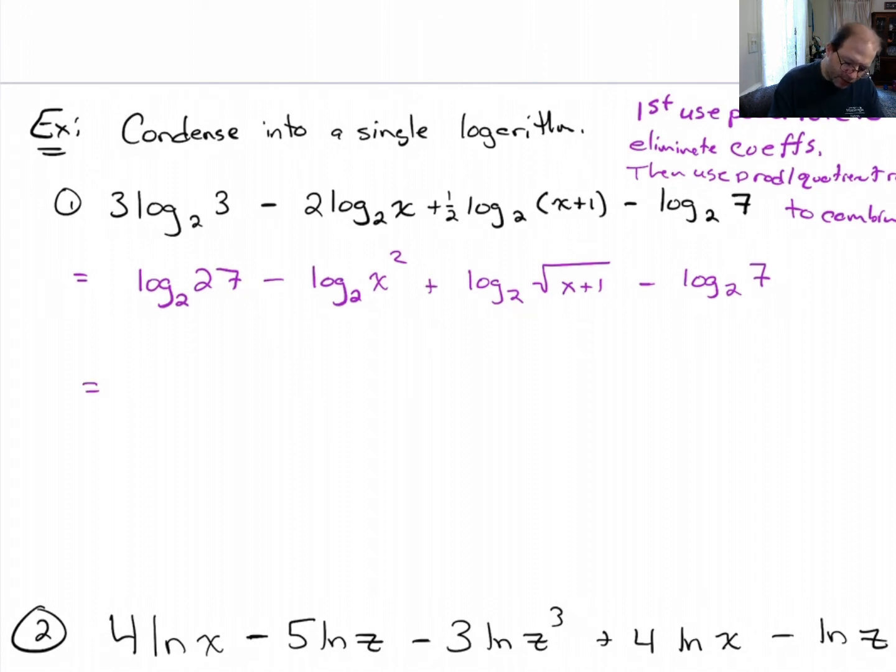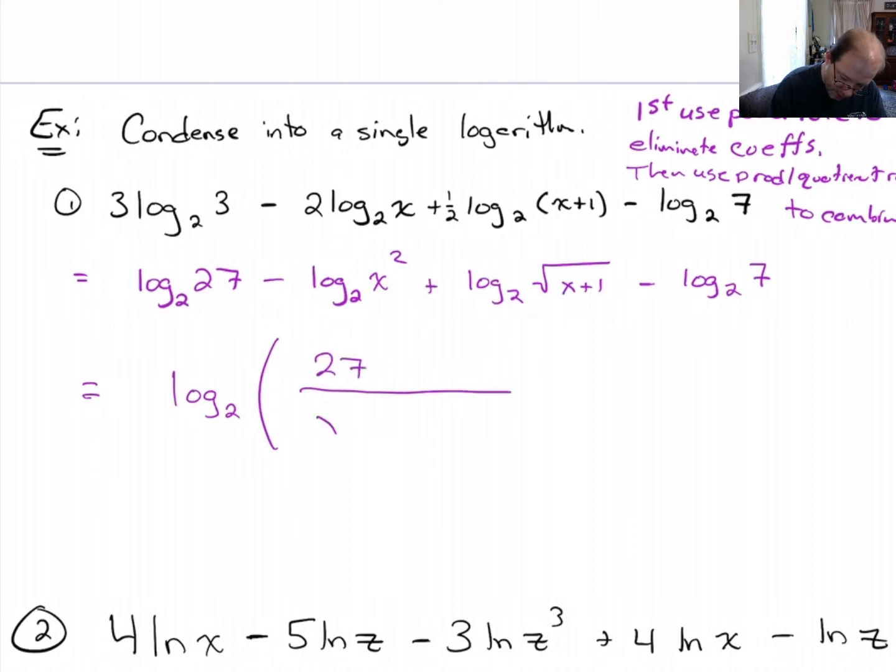Now each of these that has a positive in front becomes a part of the numerator, and the negative ones become part of the denominator. So let's do this. This becomes log base 2 of big fraction 27 on top, x squared on bottom, square root of x plus 1 on bottom.